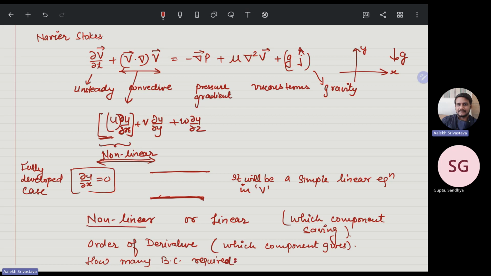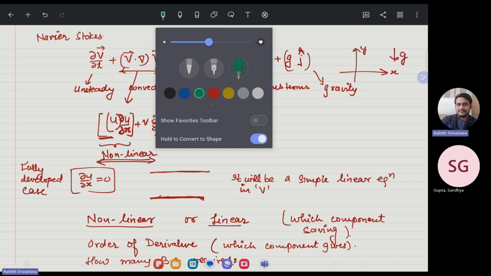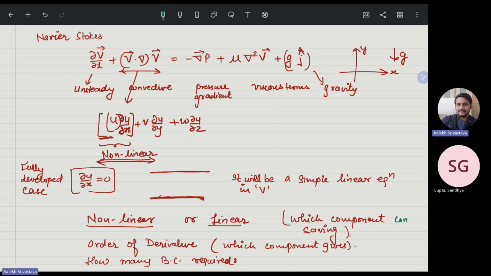First of all, whether it is linear or non-linear. For that, you know that the convective term defines the linearity and the non-linearity, because here the unknown quantity is multiplied by itself.